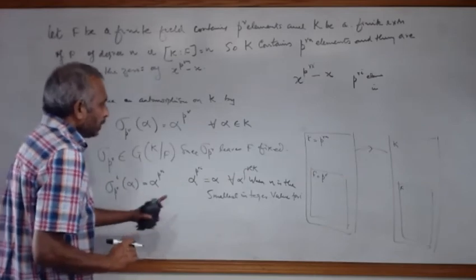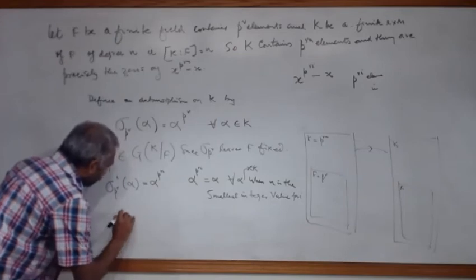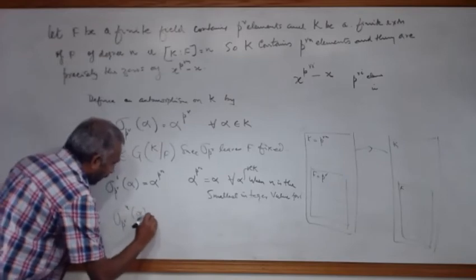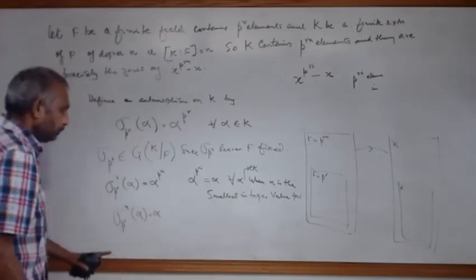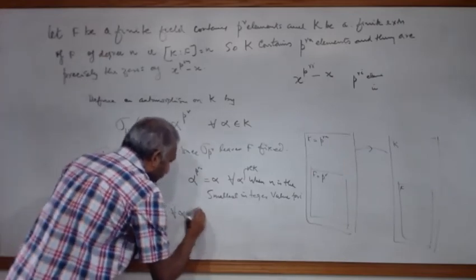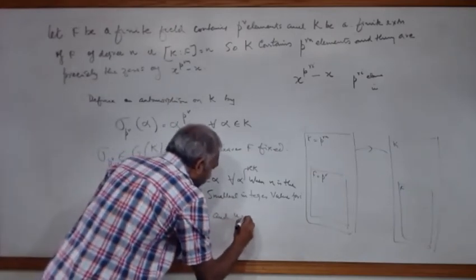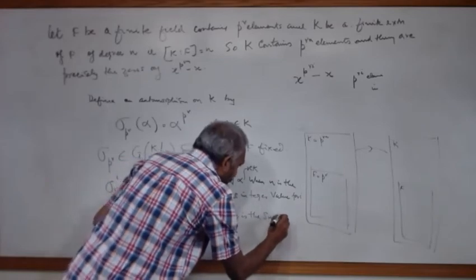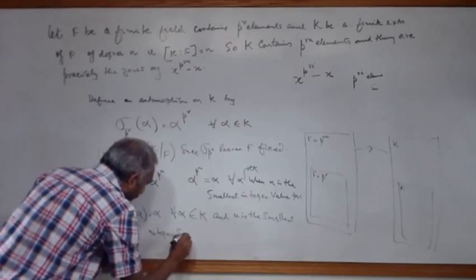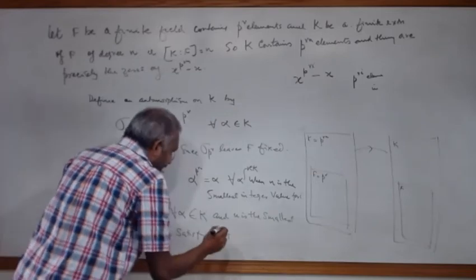Okay. So that means sigma p to the power of r to the power of n of alpha is equal to alpha for all alpha in K, and n is the smallest integer satisfying this condition.